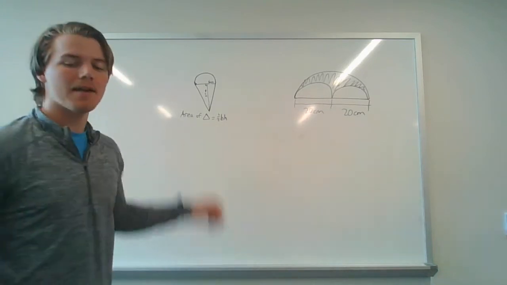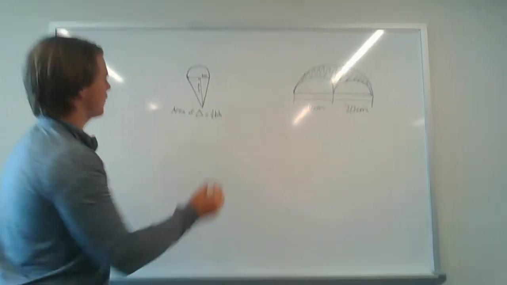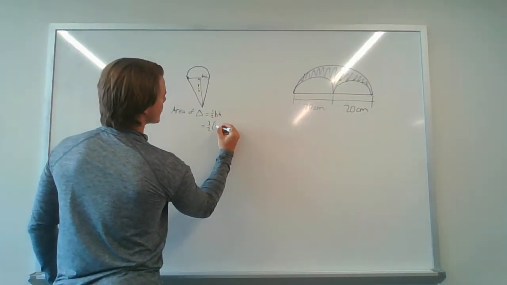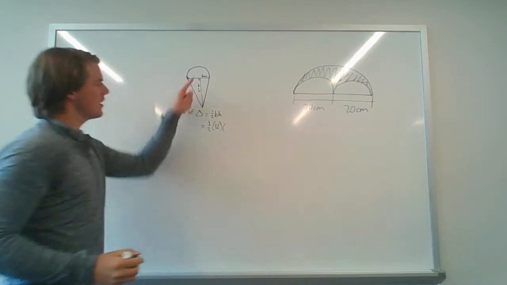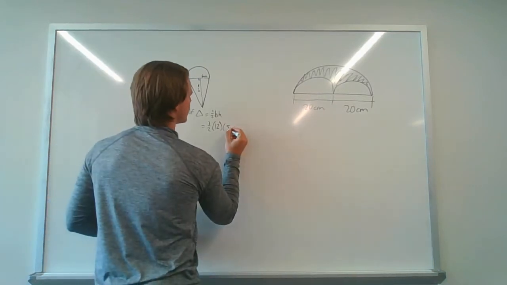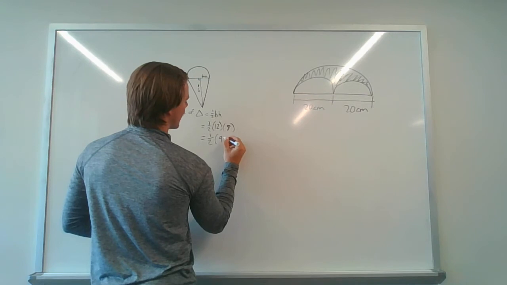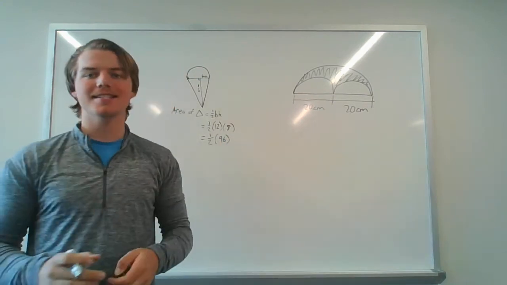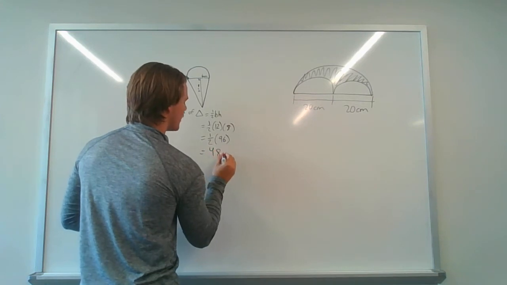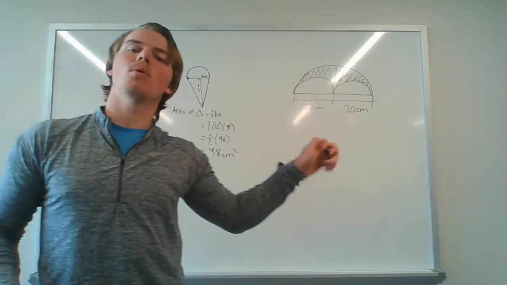So we've got half times a base of 12, and our height is the given value of 8 centimeters. So we get half times 96, and half of 96 is 48. So we've got 48 centimeters squared. That is just for our triangle portion.